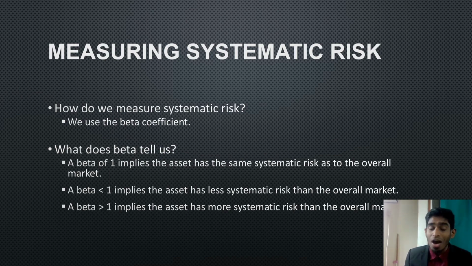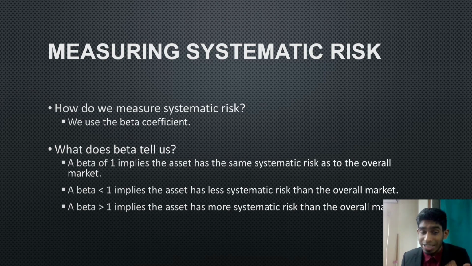Okay, a beta of 1 implies the asset has the same systematic risk as the overall market. Macam tu. So kalau sudah kira and then dapat satu, that means the systematic risk is the same as the overall market. Okay, kalau dapat kurang daripada satu, less than 1, what is it considered?